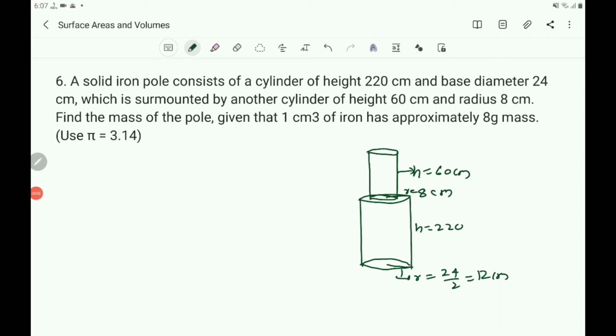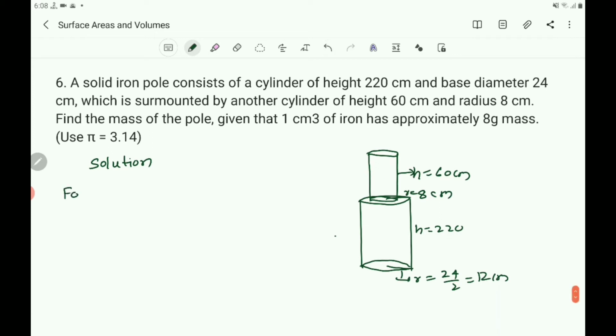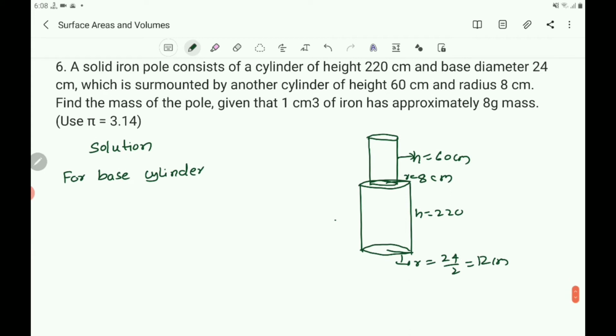Now let us take the solution. Let us consider this is the base cylinder and this is the upper cylinder. For the base cylinder, what is R? R equals 24 by 2.